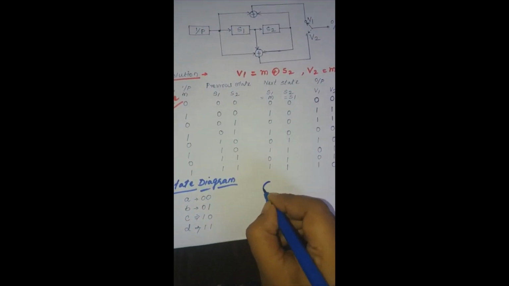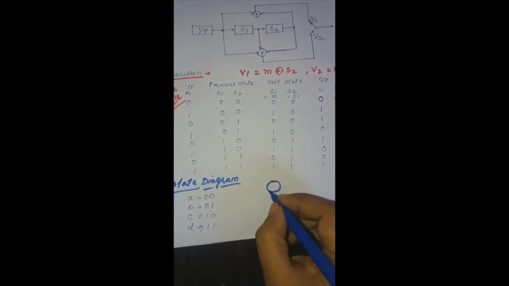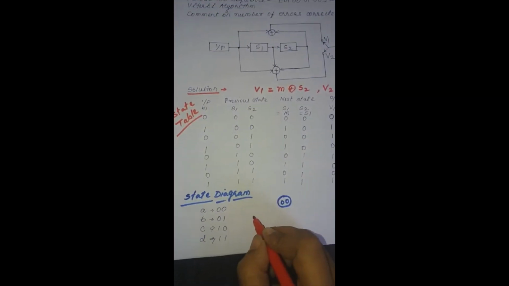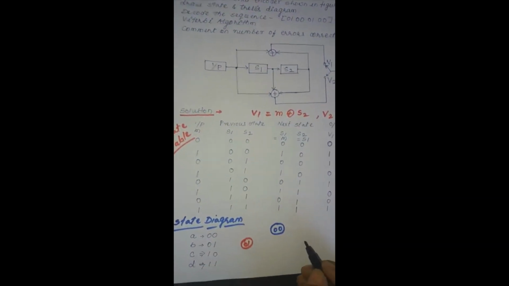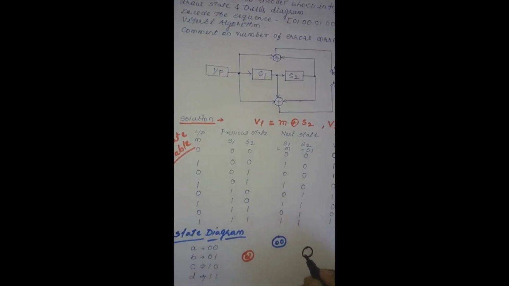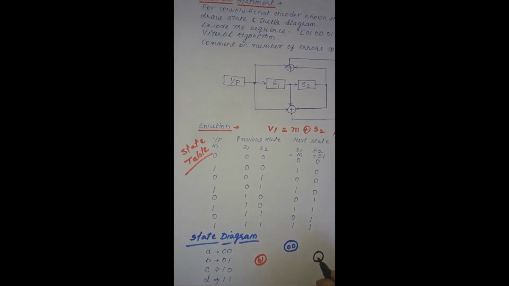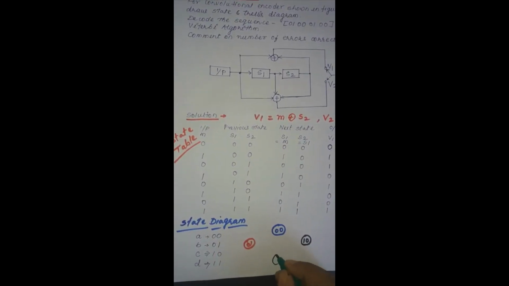We'll draw the states here. This is state A, 0 0. This is state B, 0 1. Here we draw state C, which is 1 0. And lastly, state D, which is 1 1.